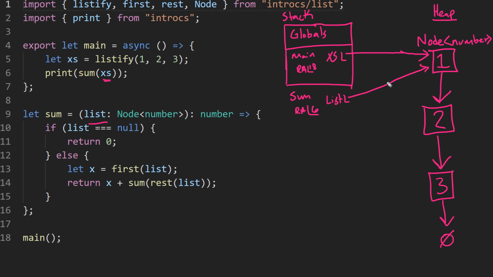And it's going to refer to this very first node in our linked list, right? We get to this if statement and we ask if list is null. That's not true, so we're going to go to the else branch. And in the else branch, we're setting up a variable x to be the first value of the list.